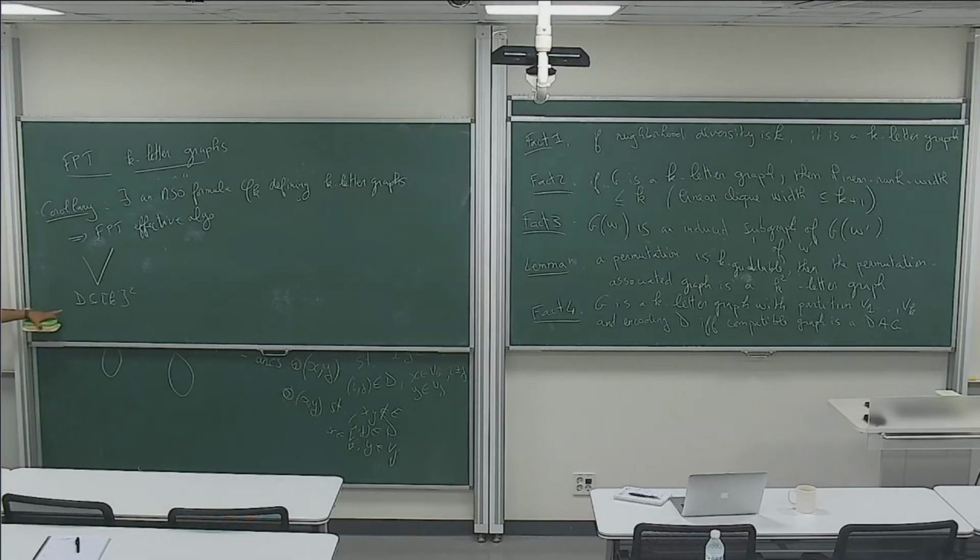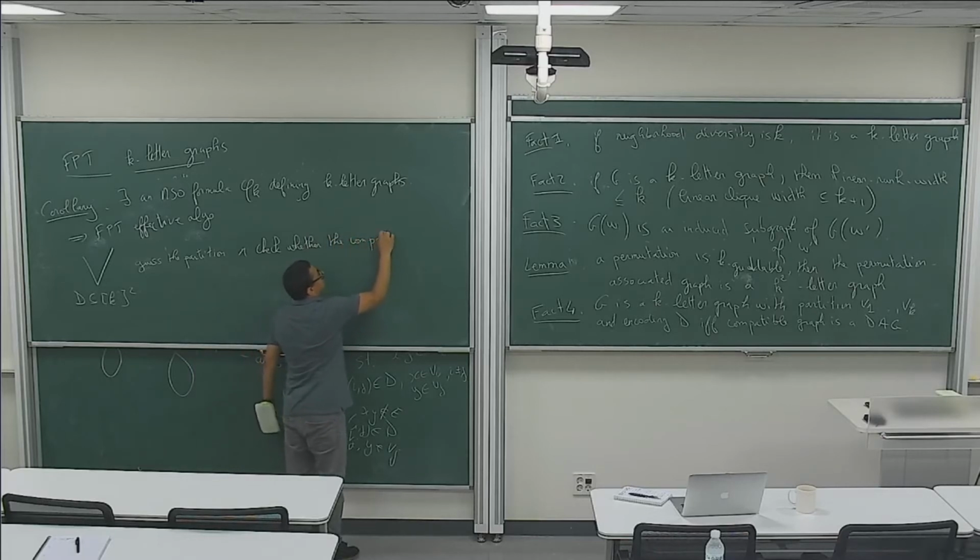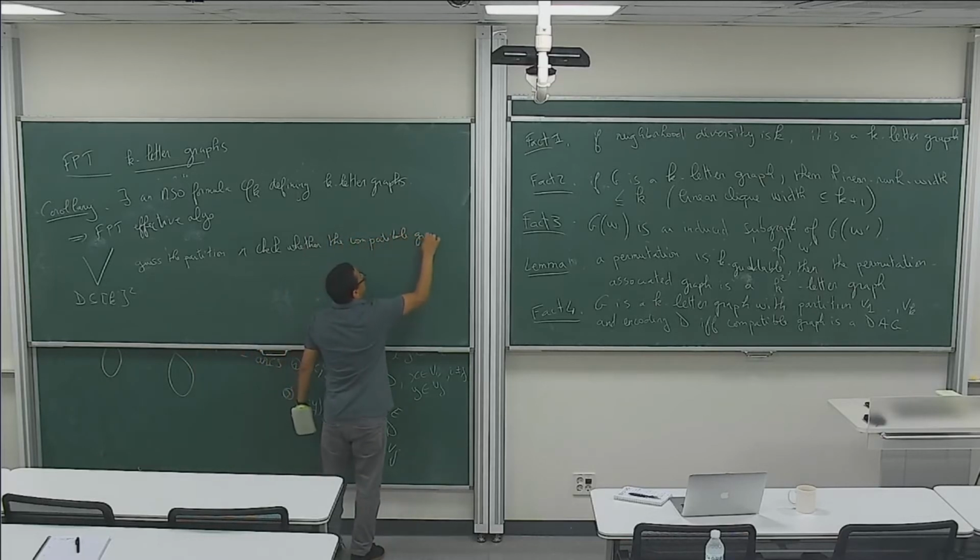So for any D, what I'm doing is guessing a partition, constructing it, and checking whether the compatible graph is acyclic.